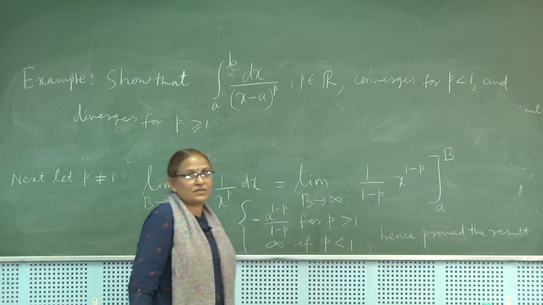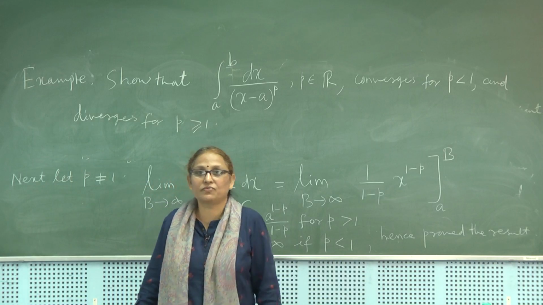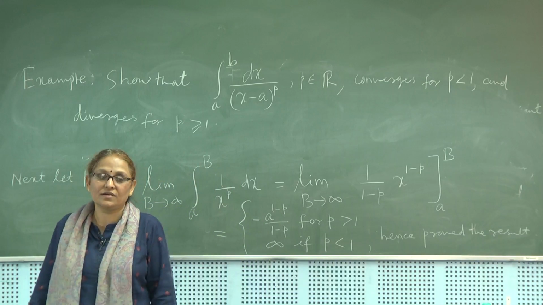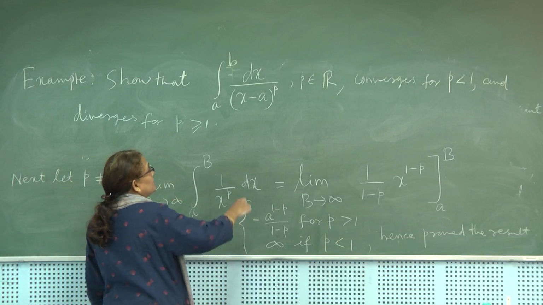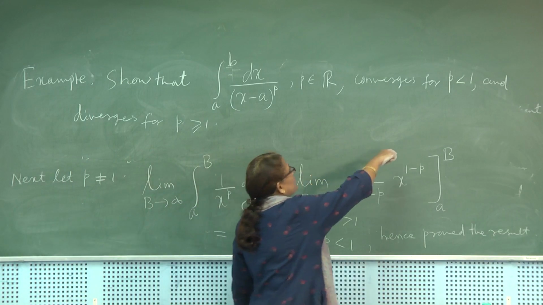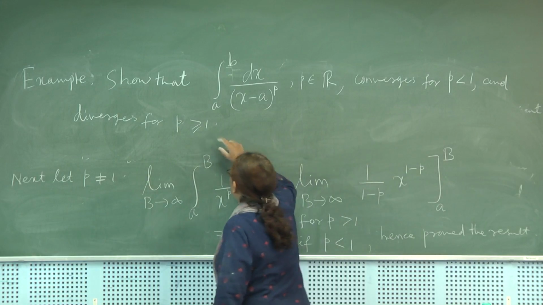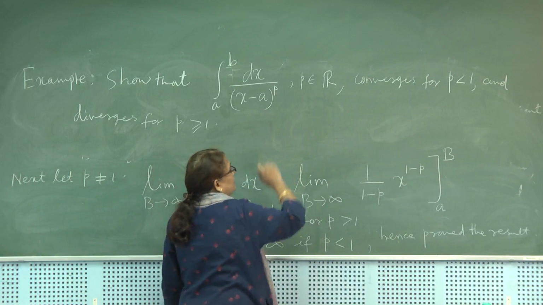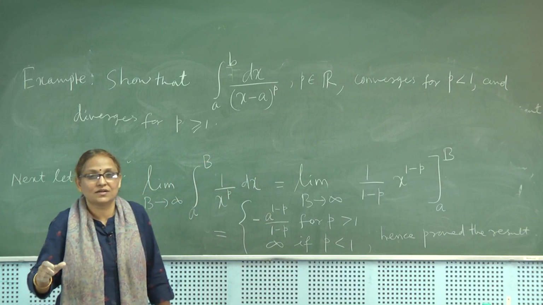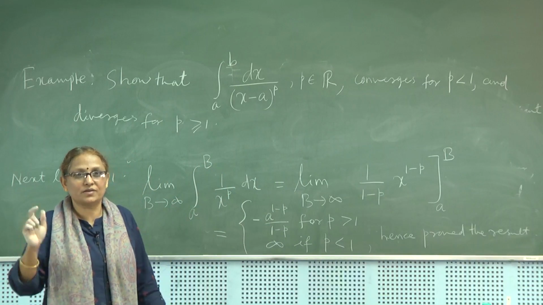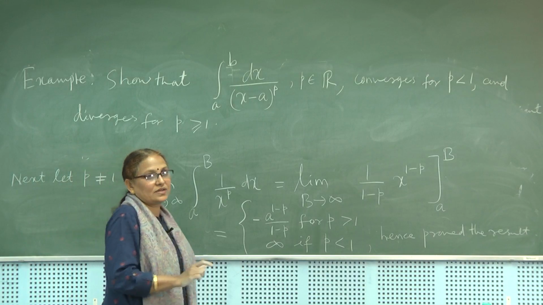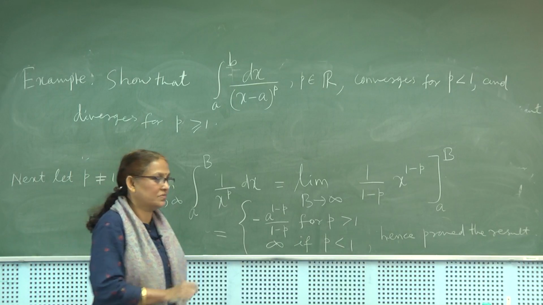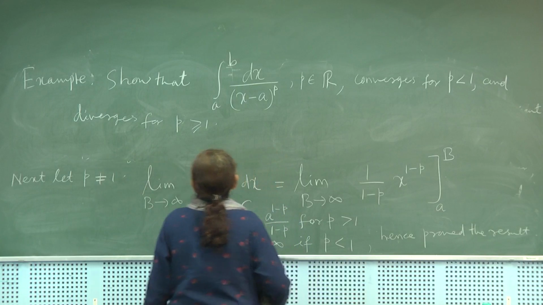Just compare with the p test for type 1 improper integral. For type 1 improper integral, it was convergent for p greater than 1 and divergent for p less than or equal to 1. So, it is just a reverse kind of thing; only at p equal to 1 both the improper integrals, type 1 or type 2, are divergent.